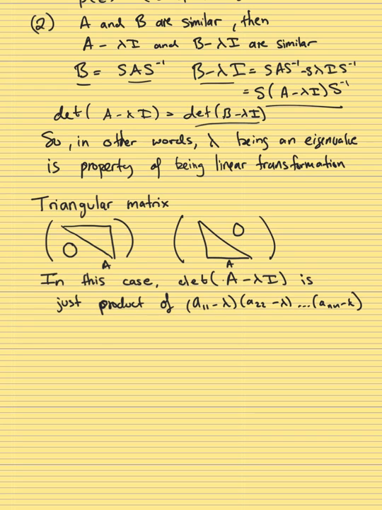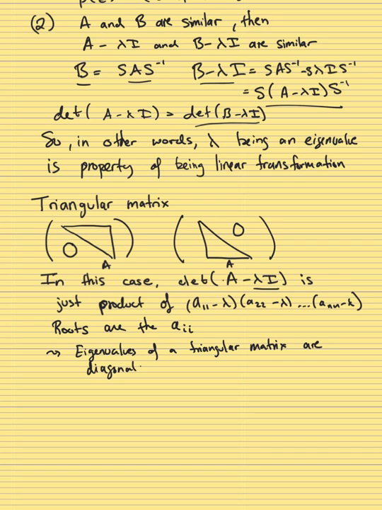This is because if I remove lambda I, then this is still an upper triangular or lower triangular matrix. And the determinant of a triangular matrix, we saw by properties, is just the product of its diagonal values. So therefore the roots of this are the a sub ii, just the diagonal entries. So therefore the eigenvalues of a triangular matrix are just its diagonal entries.